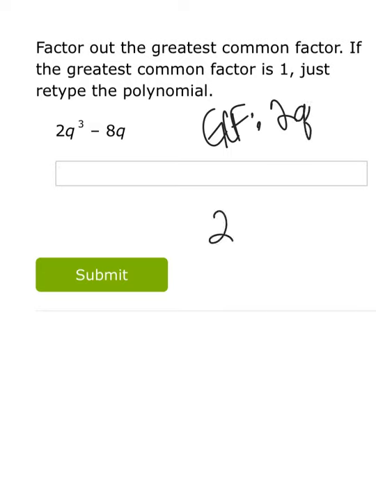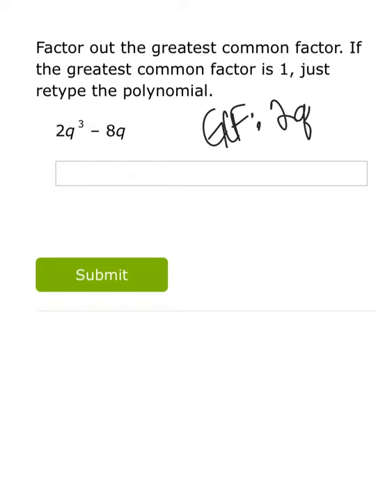Remember, if I were to expand it out like this, 2q to the third would be 2q times q times q, and then negative 8q would just be 1q. So they both have at least one q in common. That's why the greatest common factor would have to be 2q, because 2q is the greatest factor amongst both of these terms.